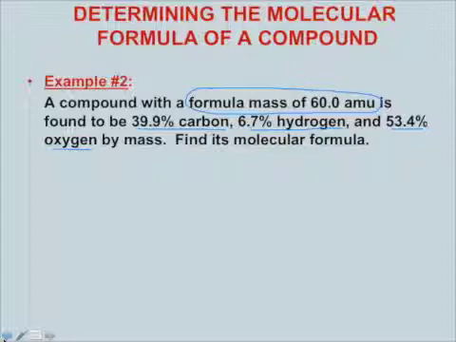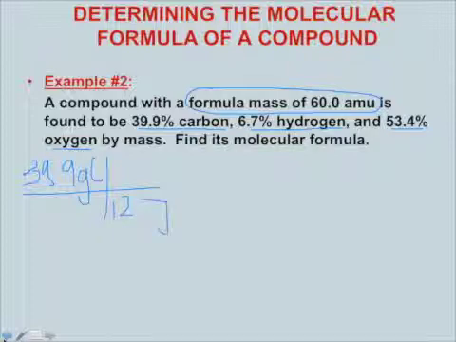So what I'm going to do here is change my percentages to grams. 39.9 grams carbon. Change all of them to moles. Divide appropriately.